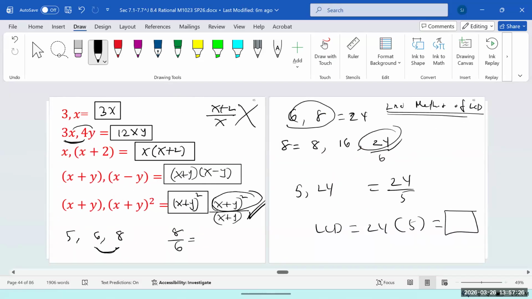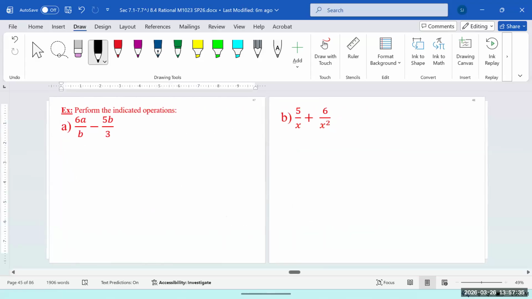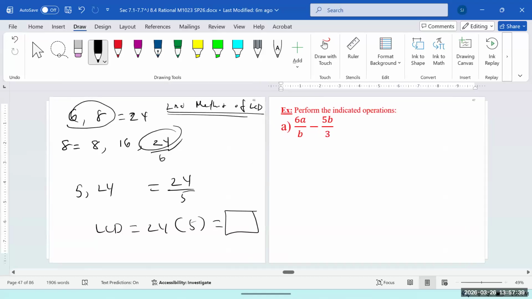Now let's apply all this knowledge to do some real math. No problem, one by one. We have b and 3. What's the LCD between b and 3? 3b, because you cannot divide one by another one.